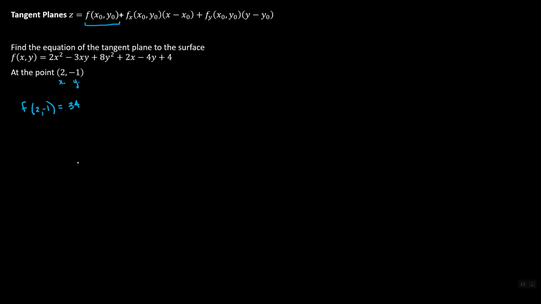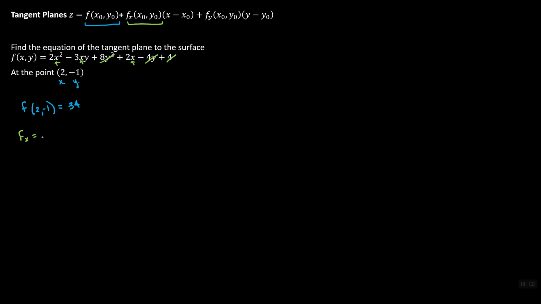Let's move on to the next calculation, the f partial with respect to x. We'll first take the partial, then we'll evaluate it at x0, y0. Remember, when you take the partial derivative with respect to x, you treat y as if it's constant. So any term that depends only on y is treated just like a constant. The derivative would be 0. But any term that has an x in it, we will take the derivative just like in Calc 1.